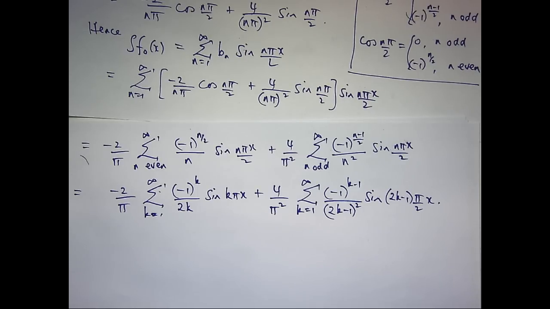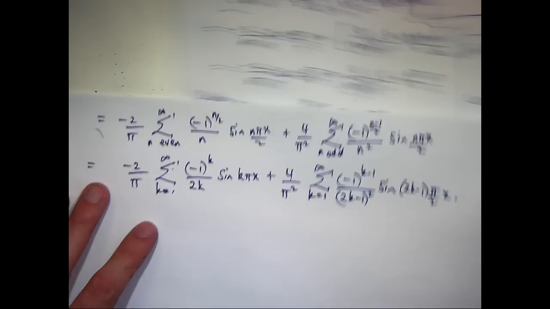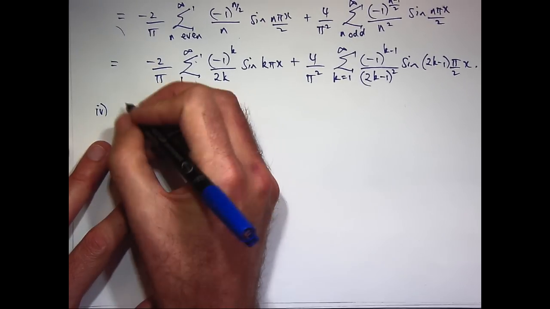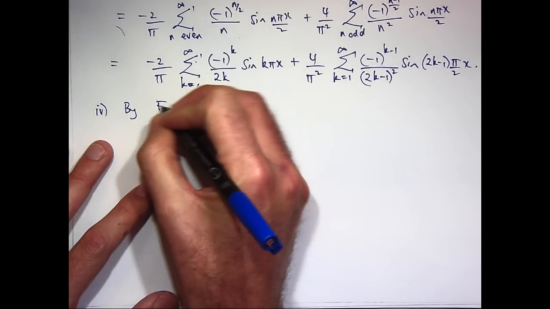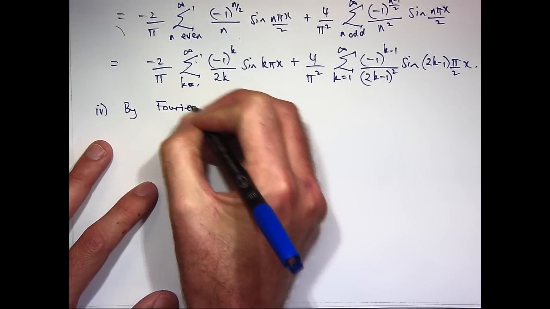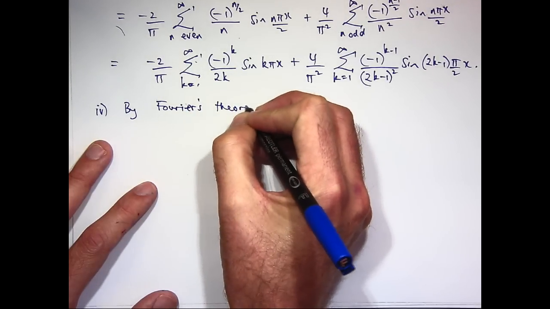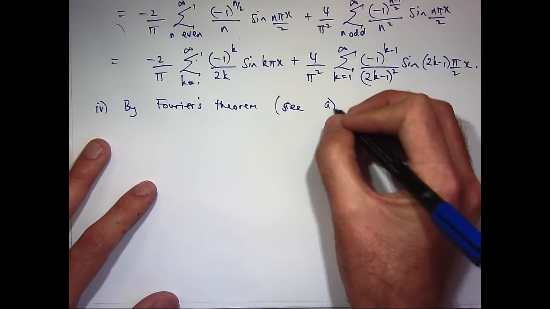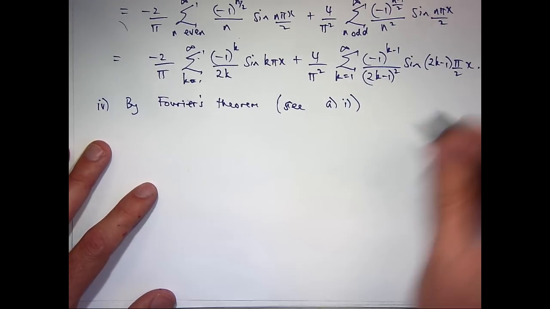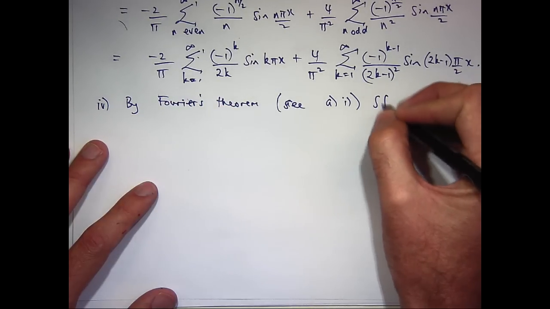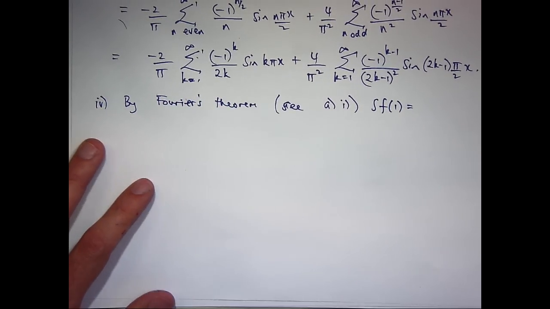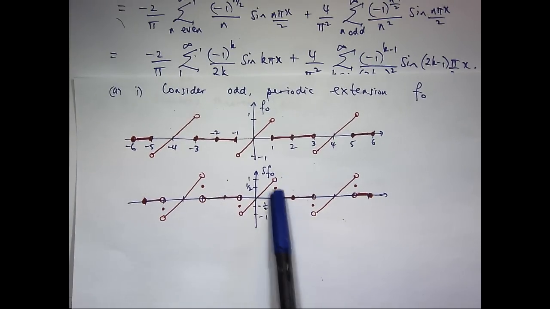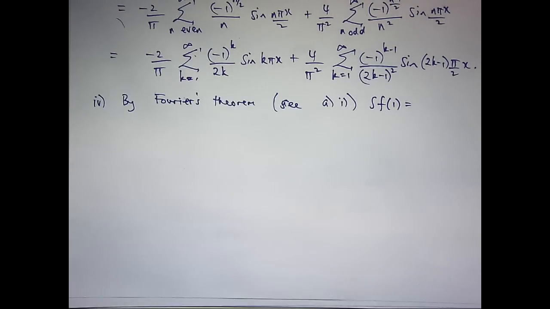So that's what our last step is to do. The value of the Fourier series at this jump discontinuity point is just 1/2.